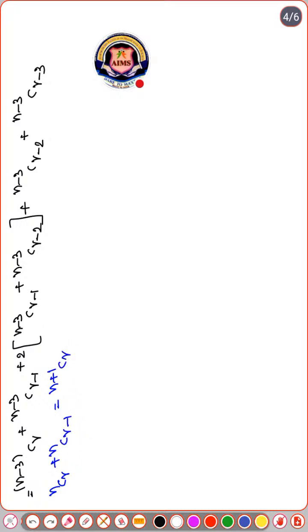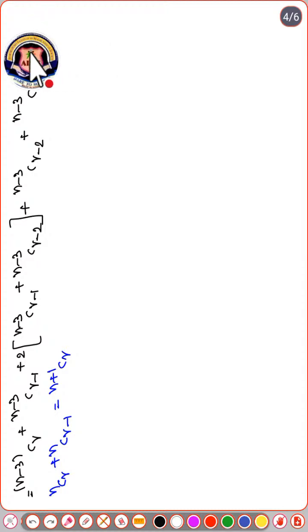Anyone you can use, but I will take nCr plus nC(r minus 1) is equal to (n plus 1)Cr. Here r minus 1 means r is the big number, r minus 1 is the small number. You can remember like that. Okay, my dears, don't confuse.